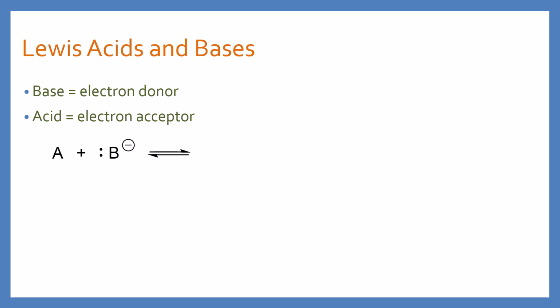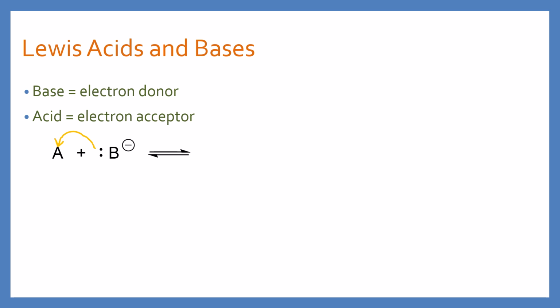So in this example, we have a base that has a lone pair and a negative charge, and we have an acid that can act as an electron acceptor. And what's going to happen is the lone pair is going to attack the acid. That is that lone pair making a bond to that compound being represented by the letter A.